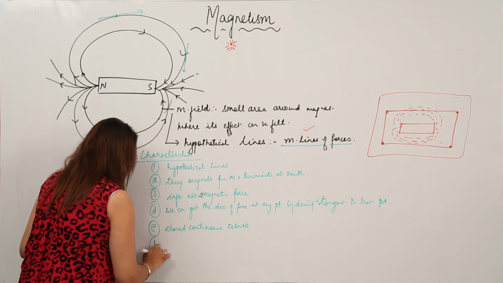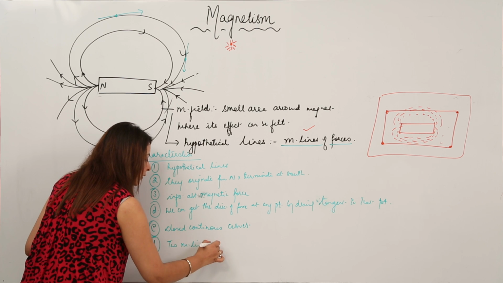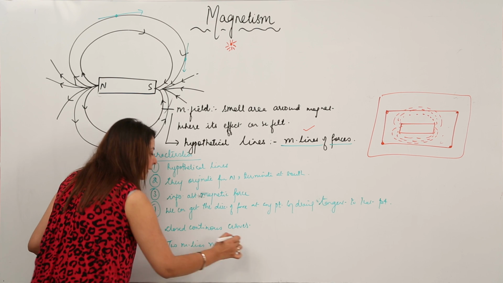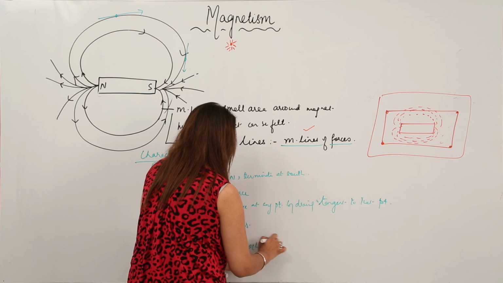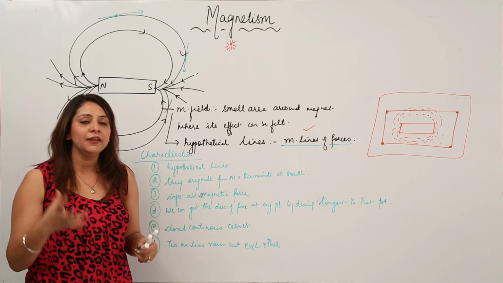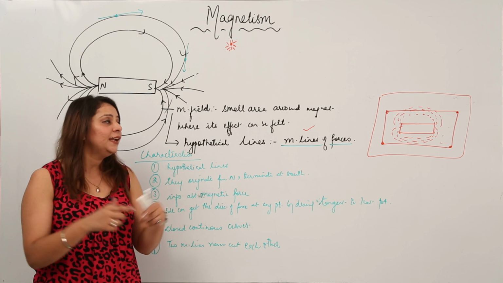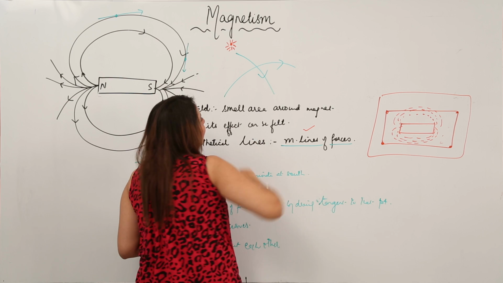Moreover, two magnetic lines never cut or intersect each other. You know what the reason is? They are giving the direction of force. If they intersect, let's say like this, can they intersect?